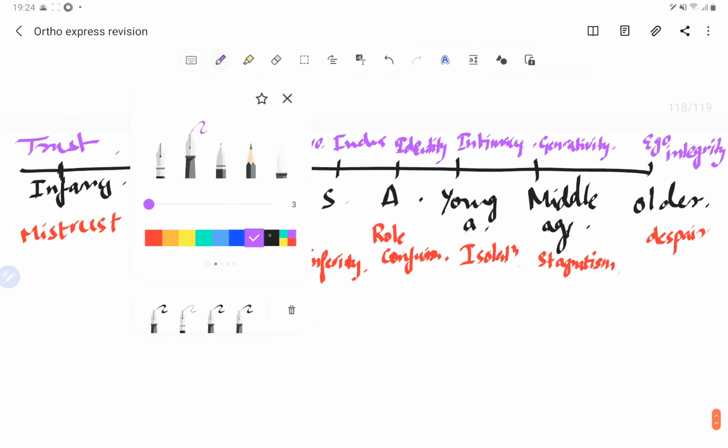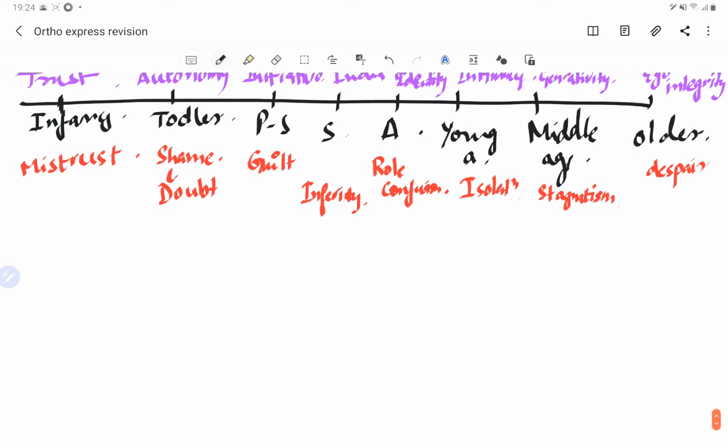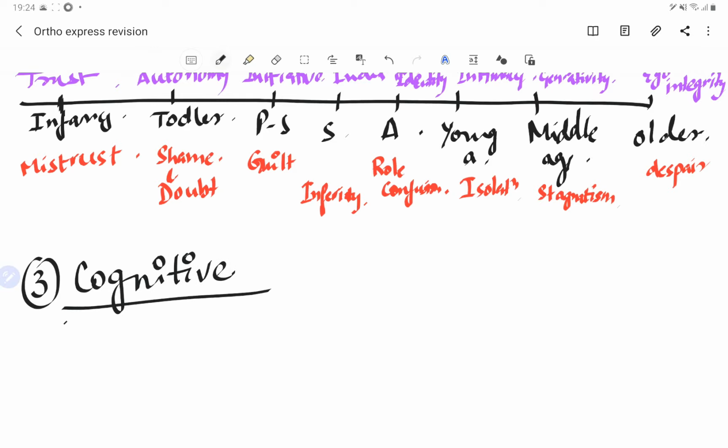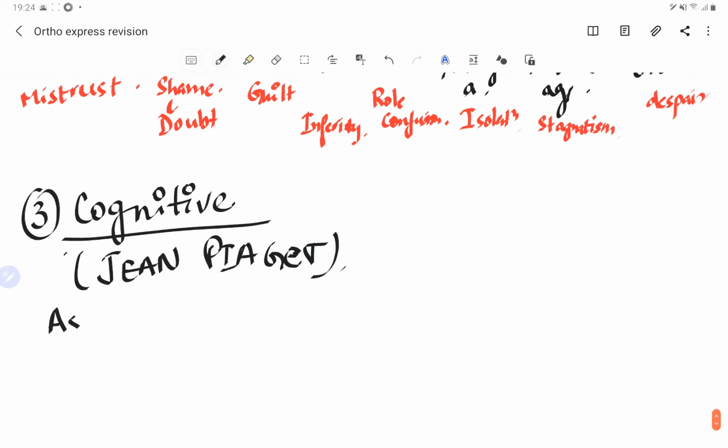Next one we have in the psychodynamic theory, the third one is our cognitive theory, which is given by Jean Piaget. In that he has talked about assimilation and accommodation. For example, if a child is at learning stages, any new information which is provided by you to a child is the assimilation.